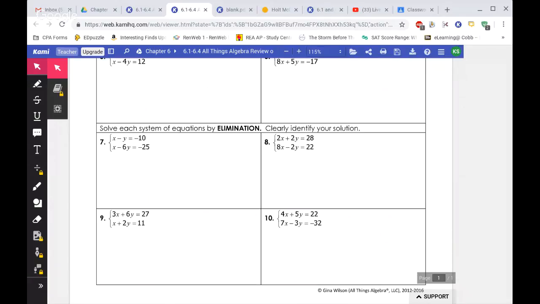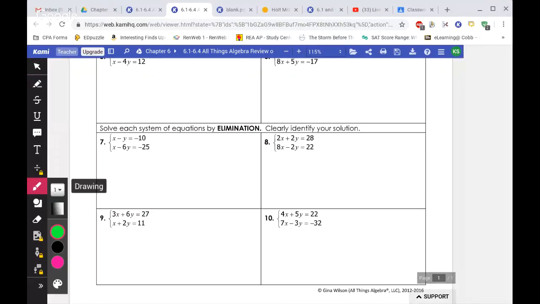Okay. We're doing elimination. So the first thing that you want to do is look at which variable has matching coefficients. On this particular number 7, that's going to be your x's, and they both have a 1, and they're both positive. So that means I'm going to subtract one equation from the other.